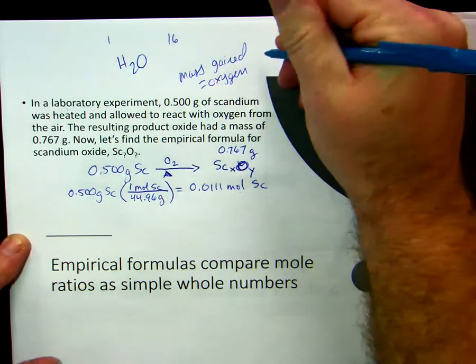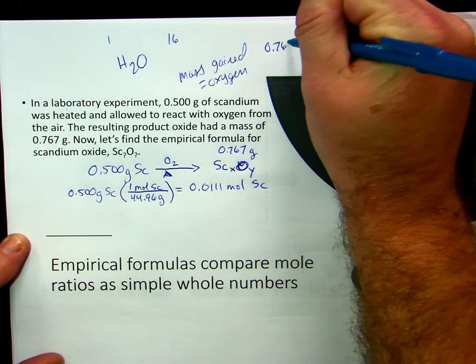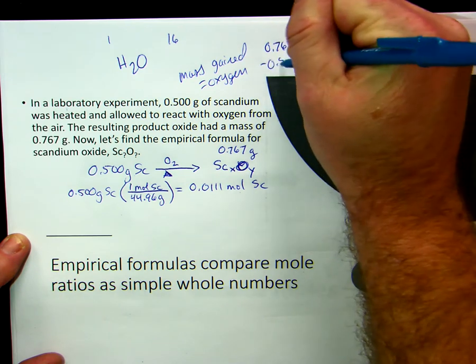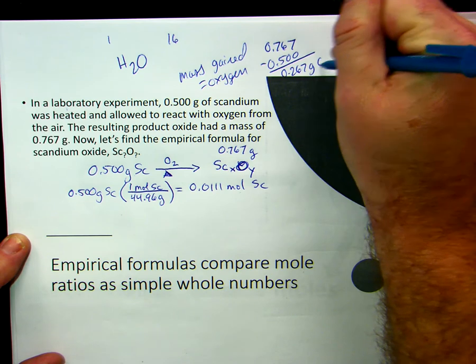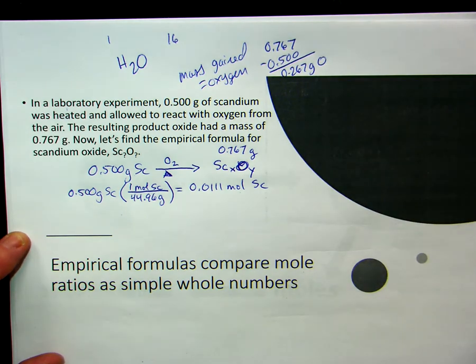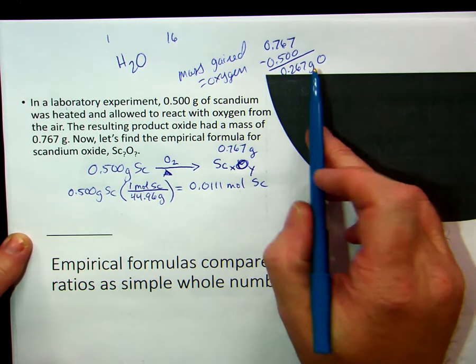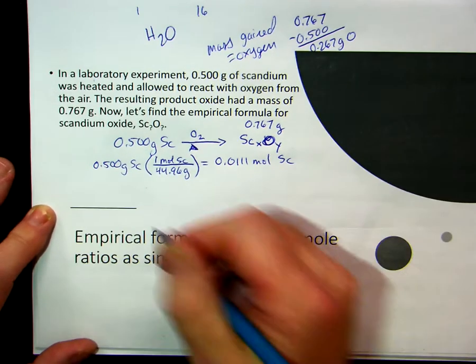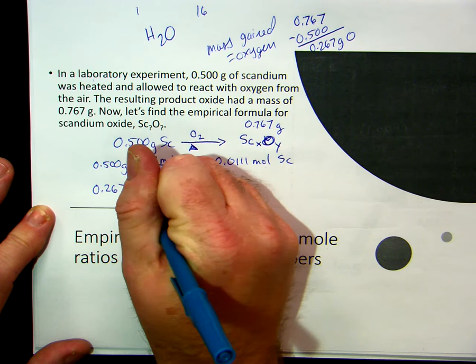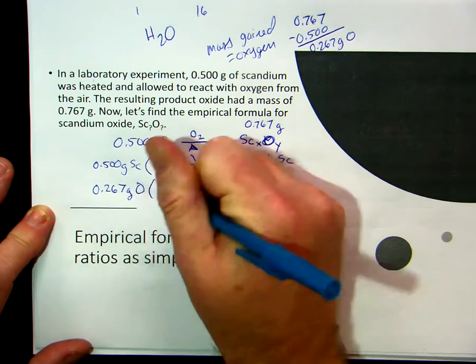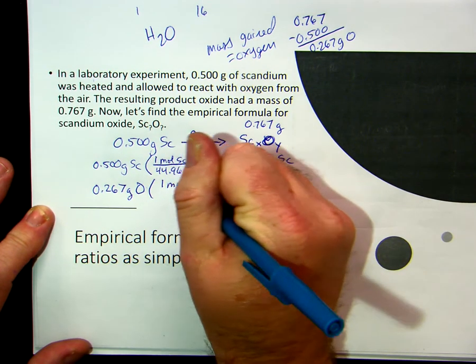And the mass gained was the mass of the product minus the mass of the original reactant, or 0.267 grams of oxygen. So I now have my mass of oxygen, 0.267 grams of oxygen.